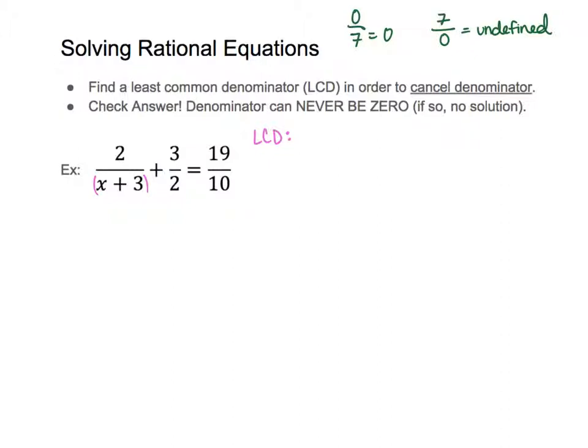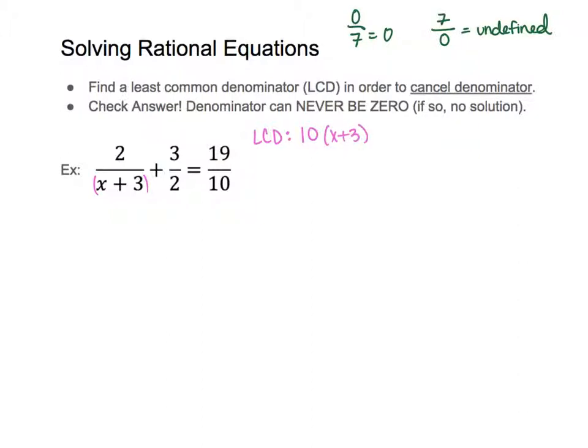So what I do is I know the least common denominator has to be at least a 10. And so I ask myself, can 2 be a 10? Yes, if I multiply that by 5. So in this case, my least common denominator is 10. And then I have this factor x plus 3, so I'm going to take all of that and put that in my least common denominator.